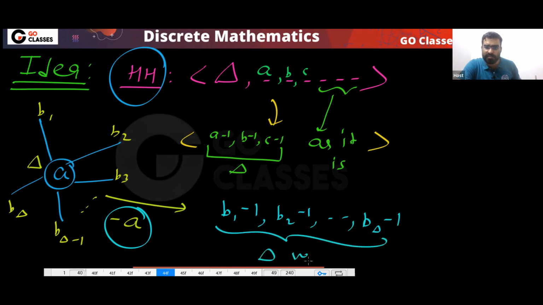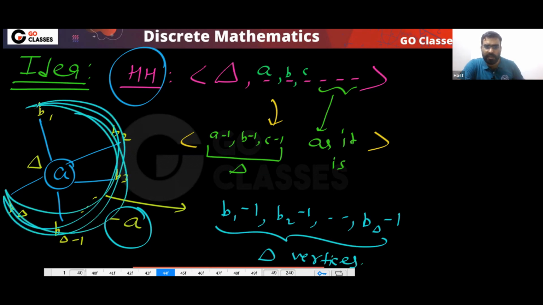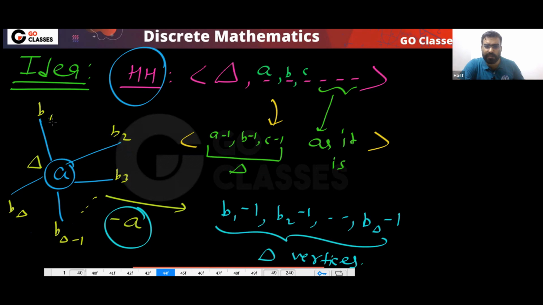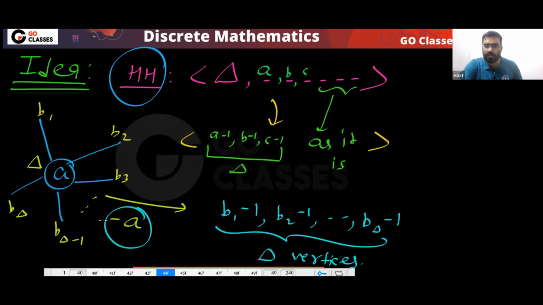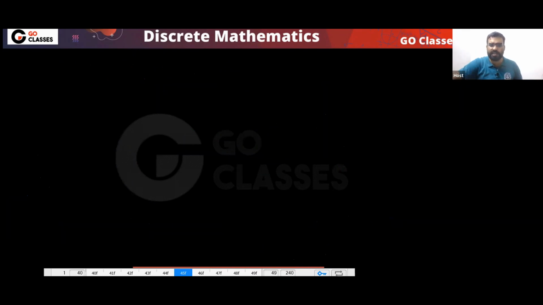For delta vertices, because the degree is delta, which means there are delta neighbors. These are the delta neighbors of A. So if I delete A, the degrees of these delta vertices decrease by 1 each. That's the idea of the Havel Hakimi theorem. Is this clear? Let me know.